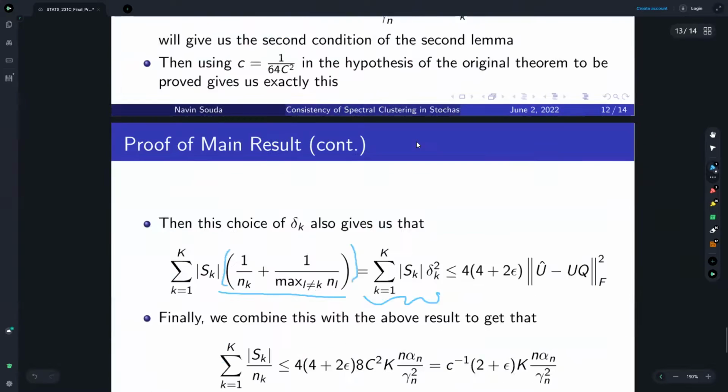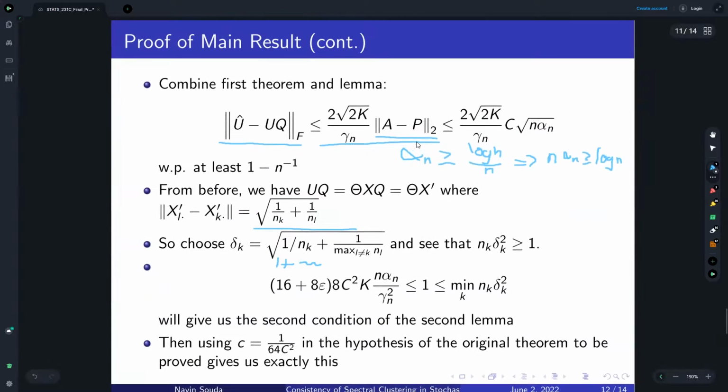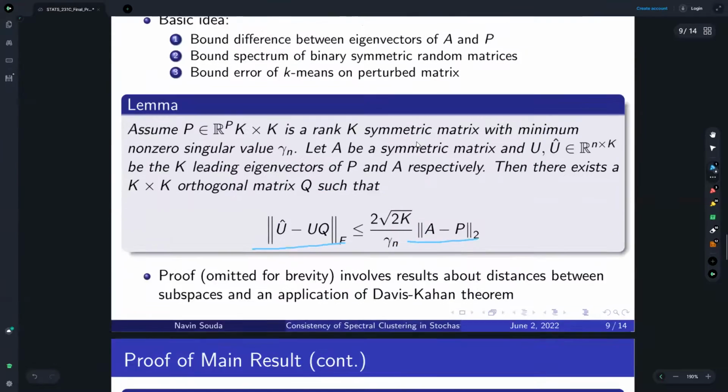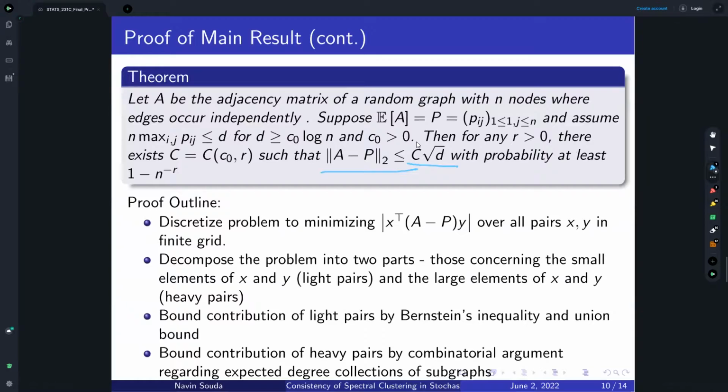Is it this one? No, the proof of the adjacency matrix. Yeah, this one, the involved proof. Yes. It is helpful if you just give me a second.